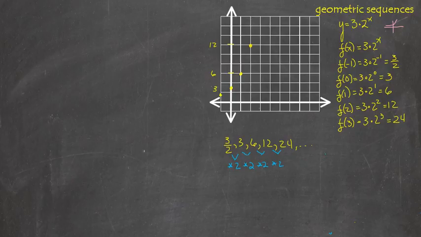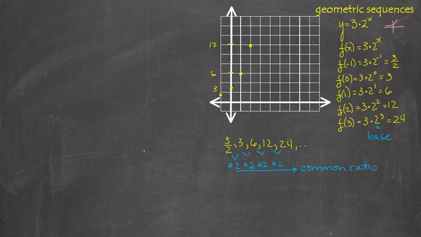So, just like with an arithmetic sequence, we have a name for this that's different than the name when we're dealing with an exponential equation. Remember, this is the exponential base when we're dealing with an exponential, but when we're dealing with a geometric, we call it the common ratio.